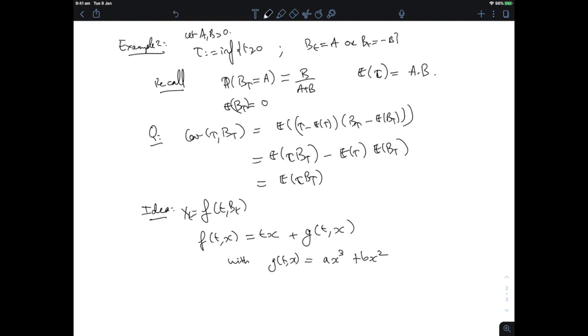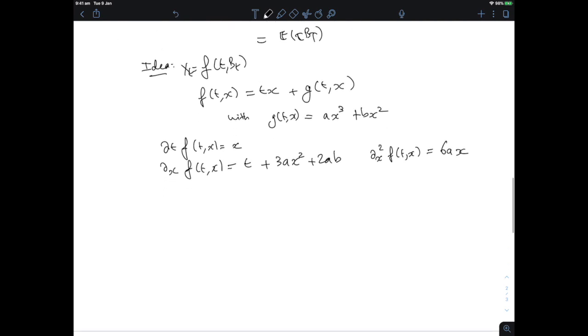So let's compute ∂t of f(t,x). That's just x. And then let's compute ∂x of f(t,x). That's t plus 3ax² plus 2bx. And let's compute ∂x² of f(t,x), and that is just 6ax plus 2b.